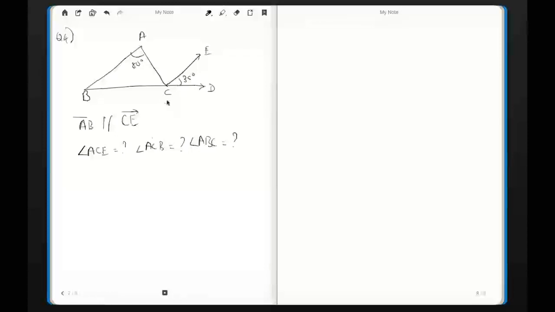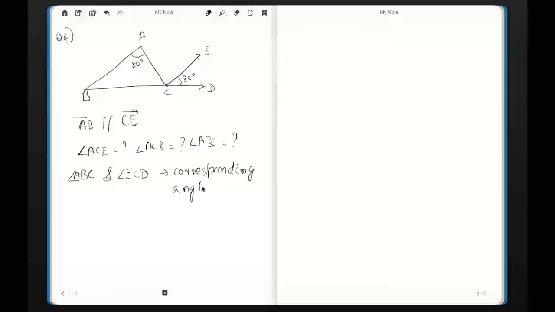And if that's the case, what can you say about angle ABC and angle ECD? What can you say about that? They are corresponding angles, right? Aren't they?